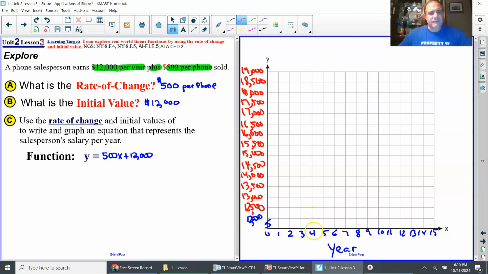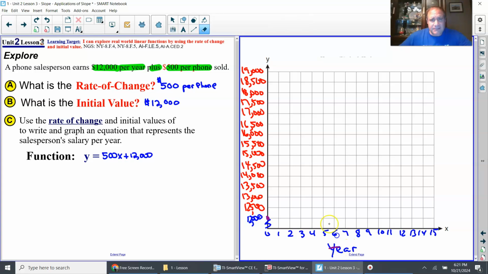All right, so we have the years down on the bottom. So we're ready to graph. This person, salesperson, makes $12,000 for the year. But the thing is, he doesn't have to sell any phones. So the salesperson is not selling any phones. At 0 year, I'm just going to make a change here.